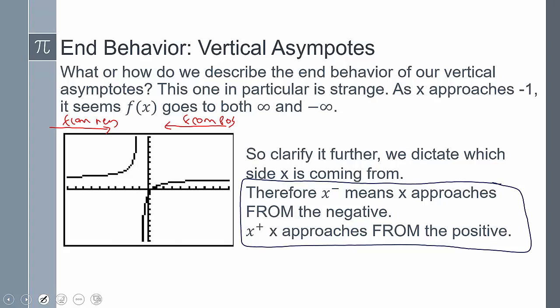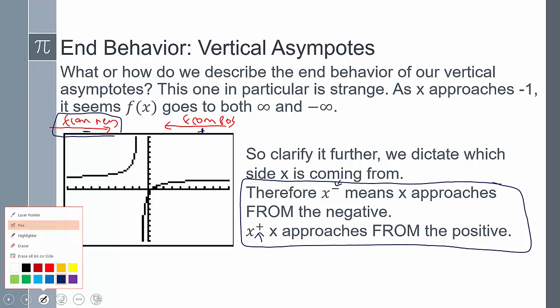We use this little superscript negative and superscript positive to indicate if it's approaching from the negative or from the positive. If you're coming from the negative x-axis side, that's approaching from the negative. If you're coming from the positive x-axis side, that's approaching from the positive direction. And this is where we would use that negative symbol and where we would use that positive symbol.